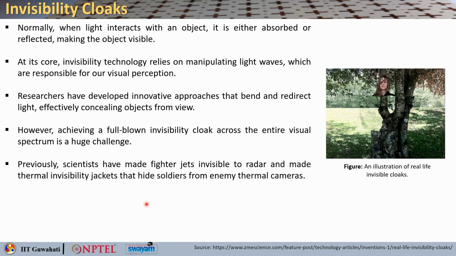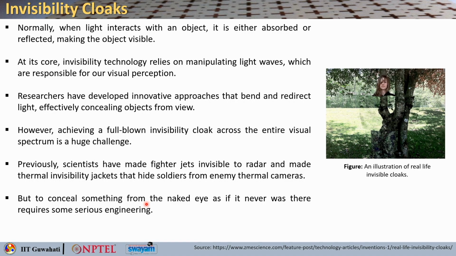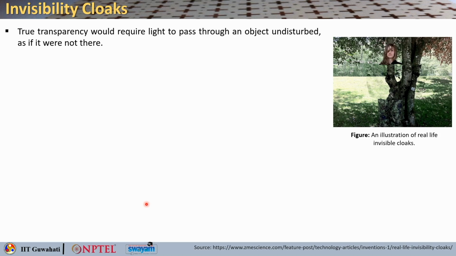Scientists have made fighter jets invisible to radar and also made thermal invisibility jackets, which are typically in the infrared range, that can hide soldiers from enemies' thermal cameras. But to conceal something from the naked eye is really difficult because it requires some serious engineering.